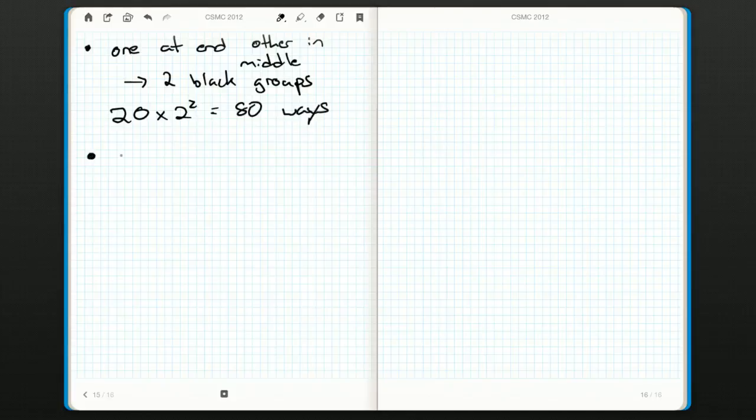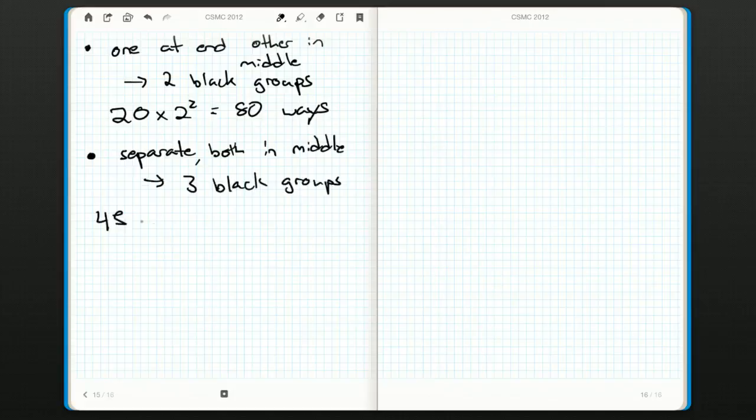And our final situation, with both white tiles separate, but they're both in the middle. Right? There's neither at an end. And that gives us a total of 3 black groups.